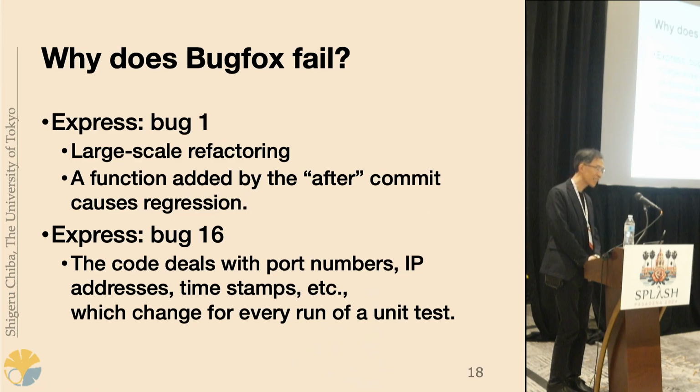So many functions return different values, and the reason many functions return different values is not related to the regression at all. So again, the technique adopted by Bugfox cannot find this case.